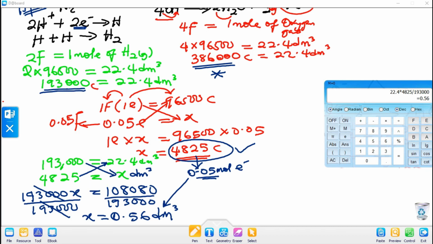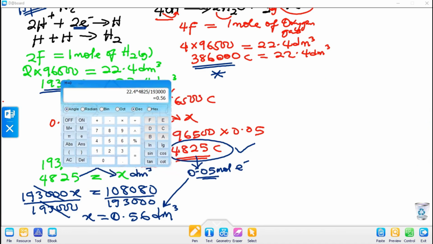But because 0.05 moles of electron was passed into the solution, what volume of oxygen will it give? And 0.05 mole of electron is equivalent to 4,825 coulombs.